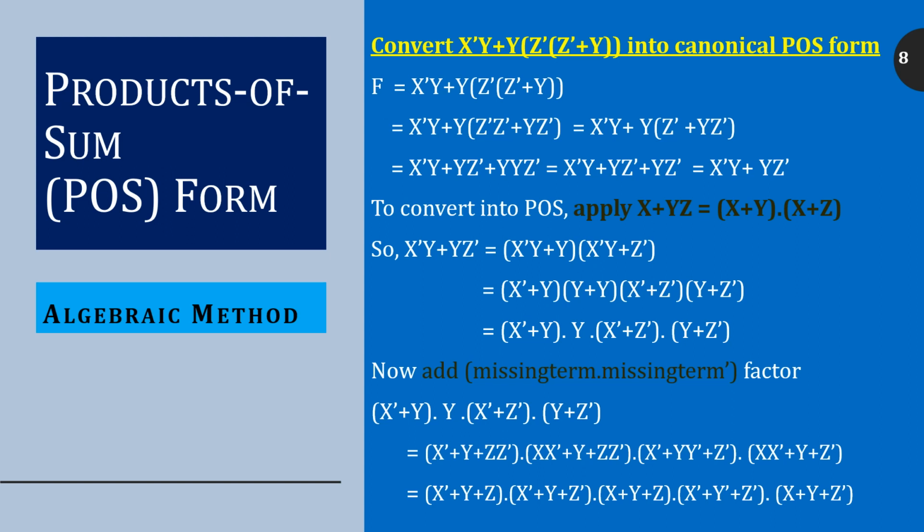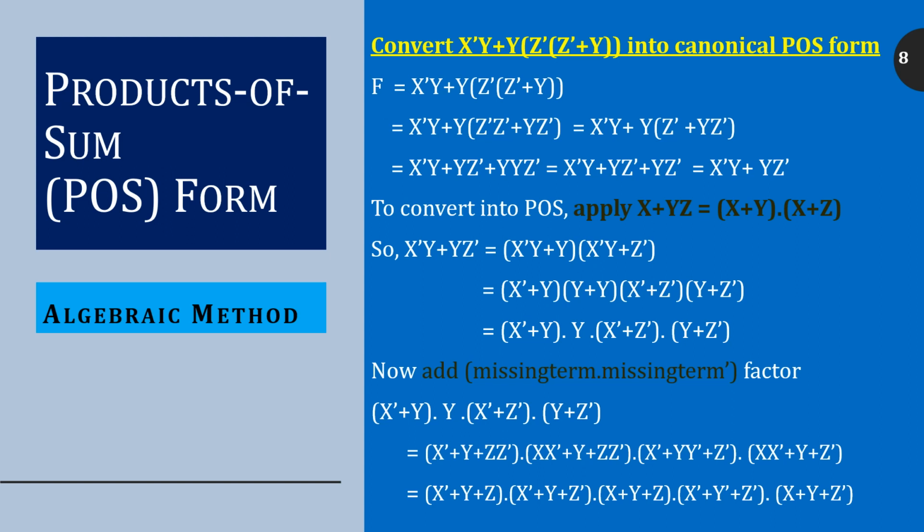Now to convert this into POS form, we apply the rule x + yz = (x + y)(x + z). So we can write it as (x'y + y)(x'y + z'). The first term is split using the distributive rule.